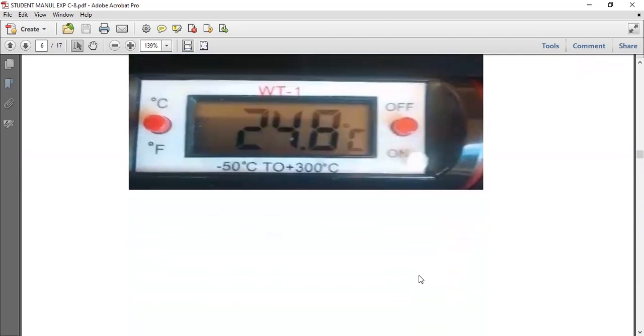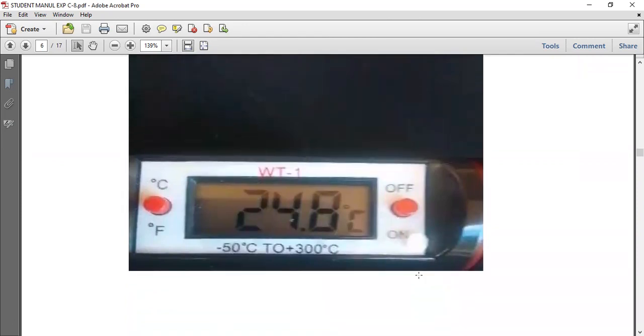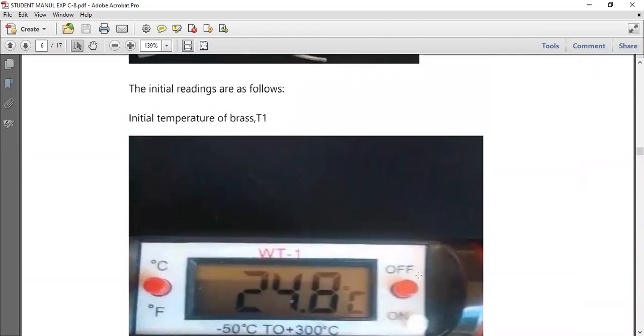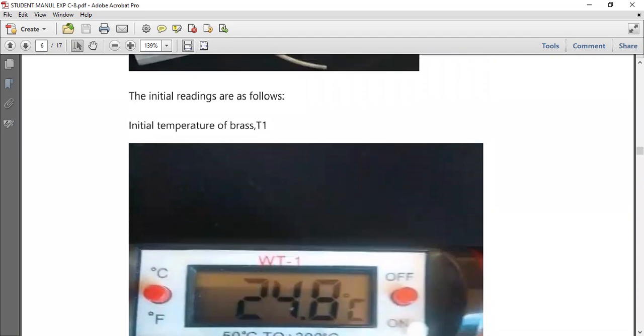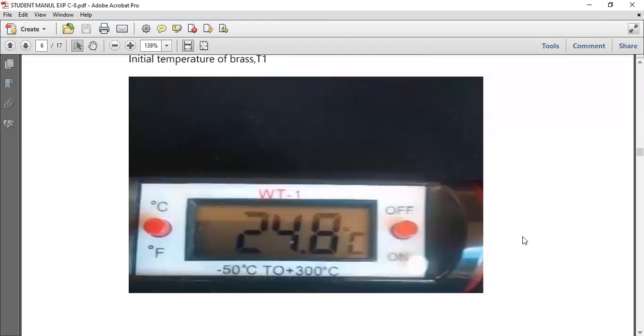At first here we can take the reading of the thermometer at the initial temperature. The initial temperature of the brass is T1, and as you can see, it's 24.8 degrees Celsius.